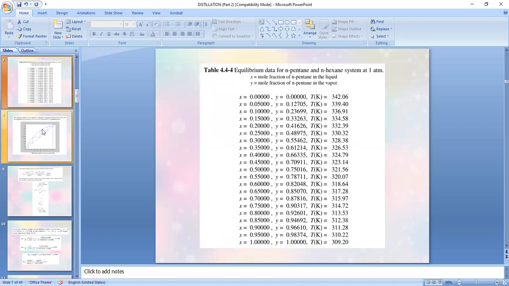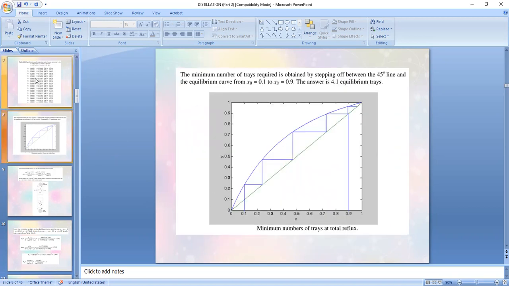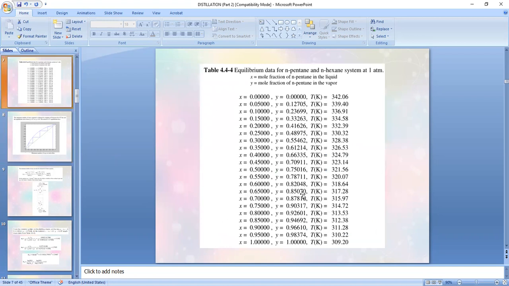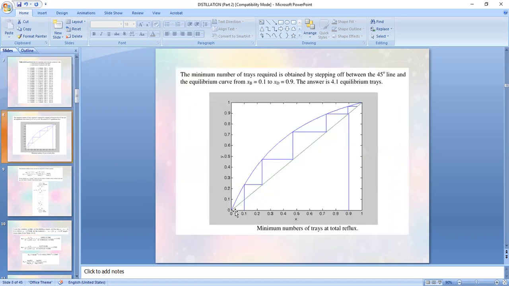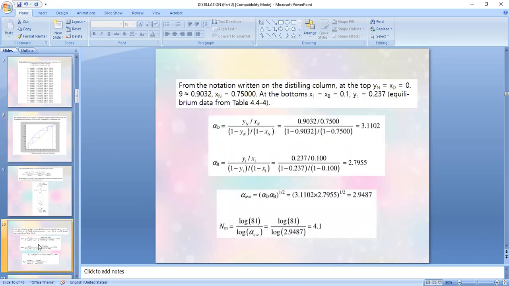You don't necessarily pass through all the points, but just like making a best fit line on a set of data, you draw by hand the best fit curve out of that pair of X and Y data. So this is the graphical way of determining the minimum number of stages. This is the analytical way of finding it using Fenske's equation.